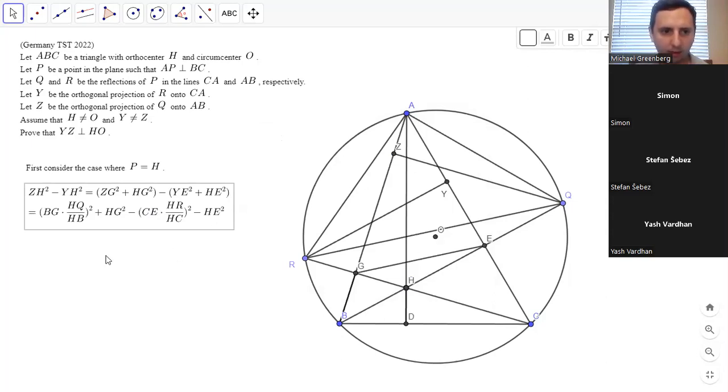And HQ is just 2HE, and HR is 2HG. And then CE over HC, is that sine or cosine of A? Let's see. So CE, so this is angle A. So CE over HC, that's going to be sine A.